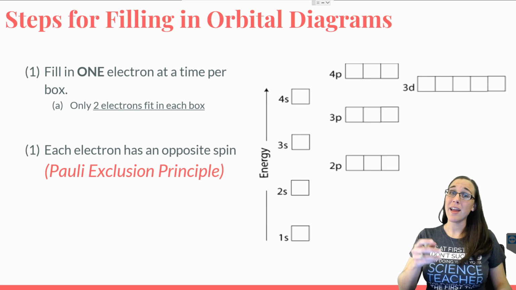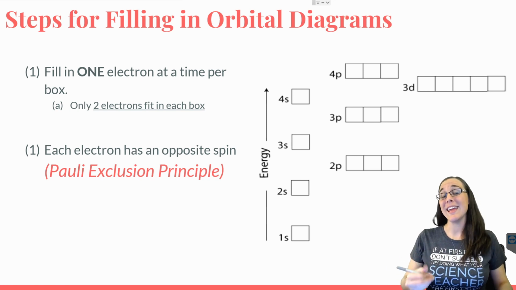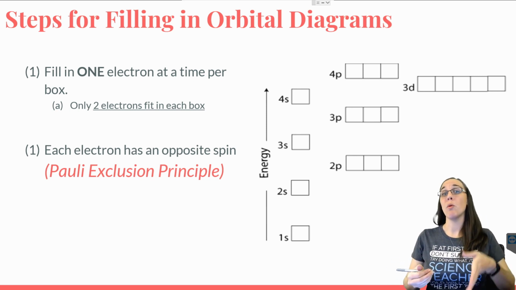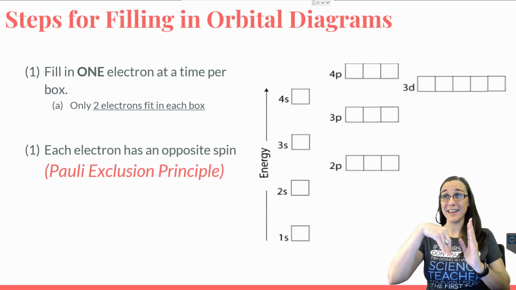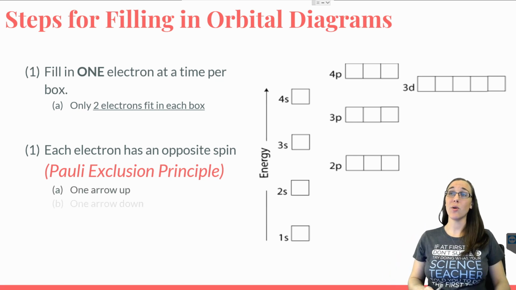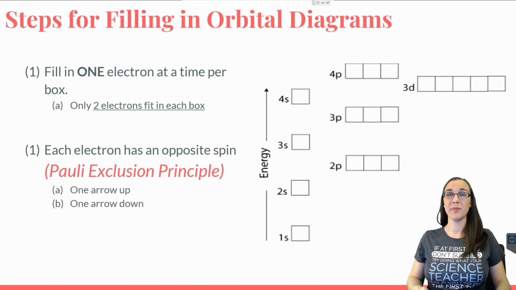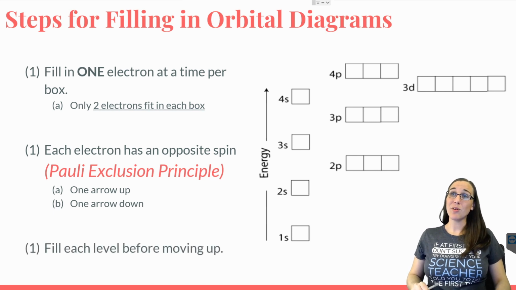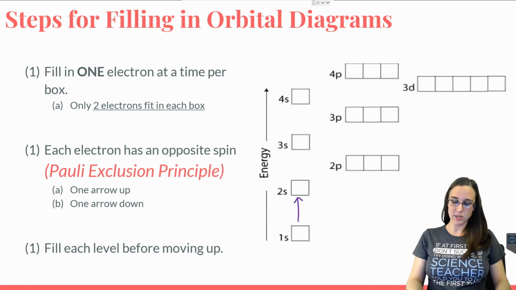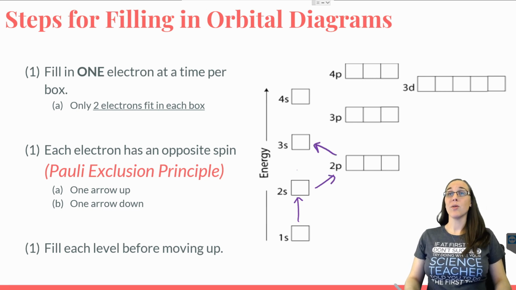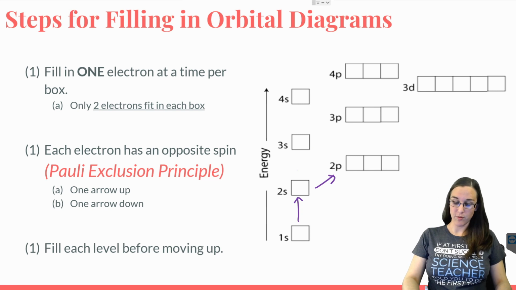So when we draw in electrons, we're literally drawing in arrows to represent them, one pointed up, one pointed down, according to the Pauli exclusion principle. And then we're going to completely fill each level before moving up.